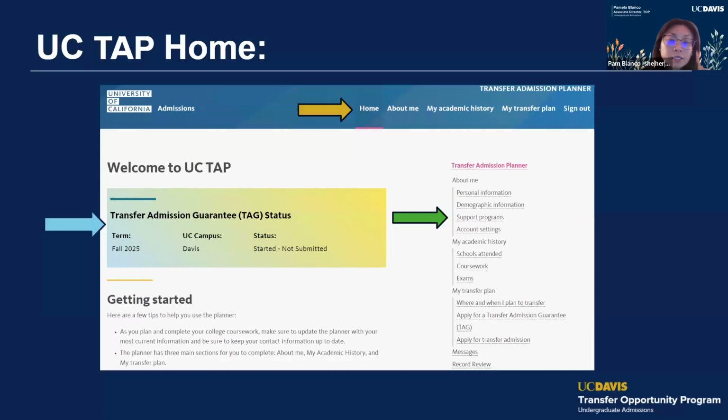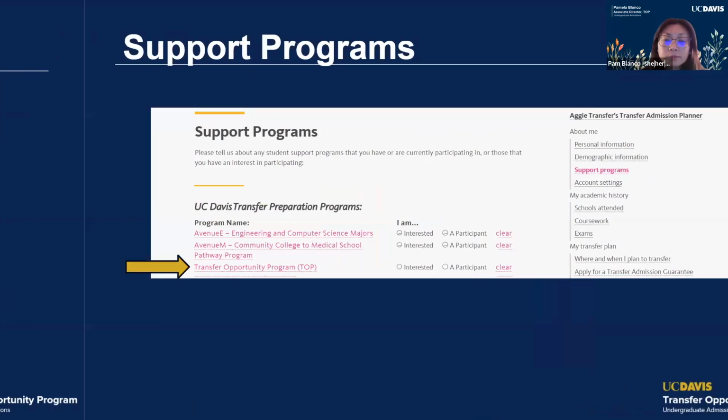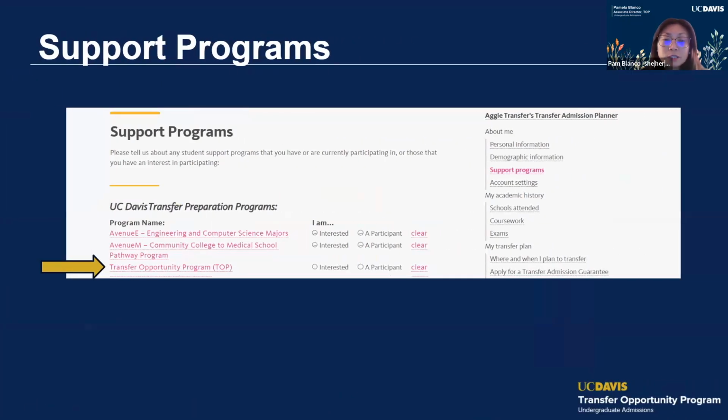And then in the next slide, you'll see under UC Davis, you'll see Transfer Opportunity Program or TOP listed. So you can click on interested, or if you've already participated, since all of you are here in our webinar, you can actually click on participant, and we'll just verify that on our end. But yeah, it's as simple as that.